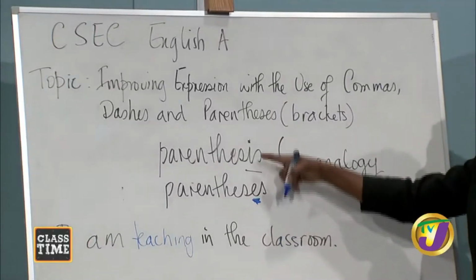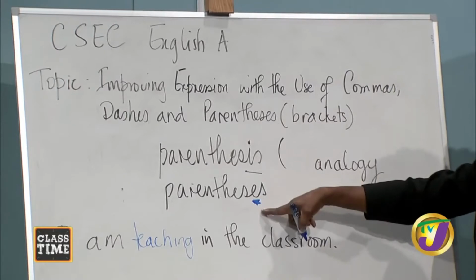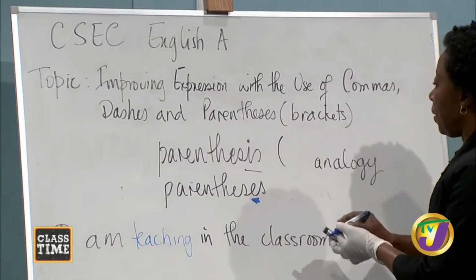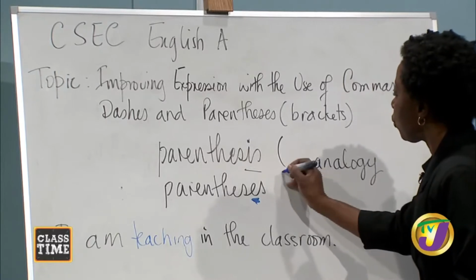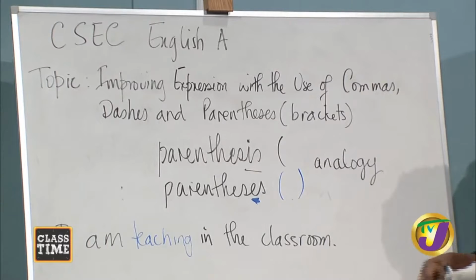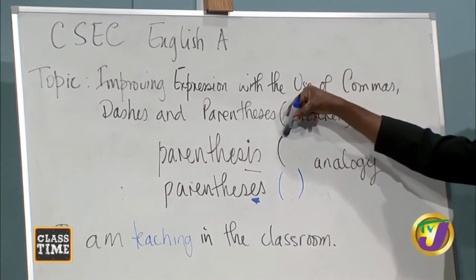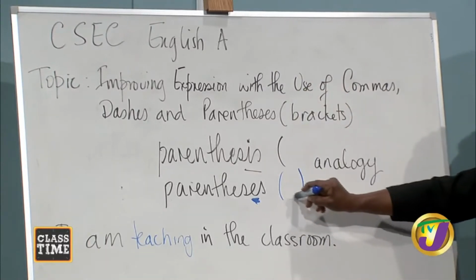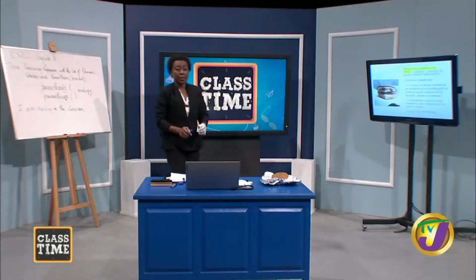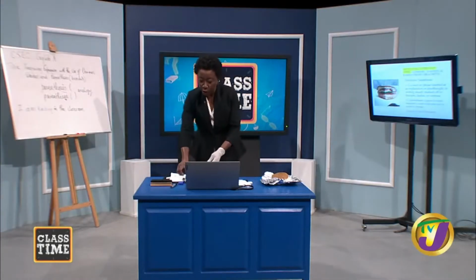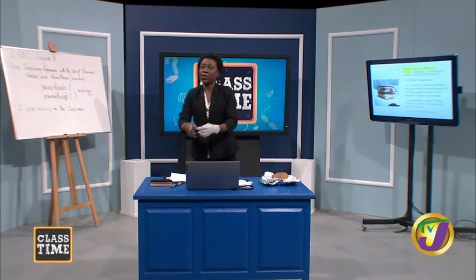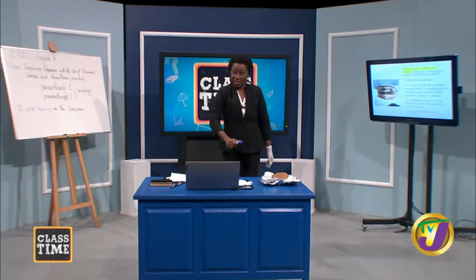You see it? Parenthesis, parentheses. And that is 2. One parenthesis, 2 parentheses. That's what it is saying there. So what you would call brackets, you really should be saying parentheses.